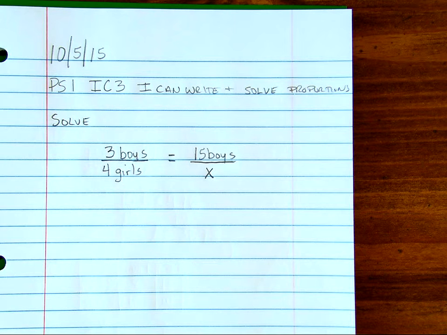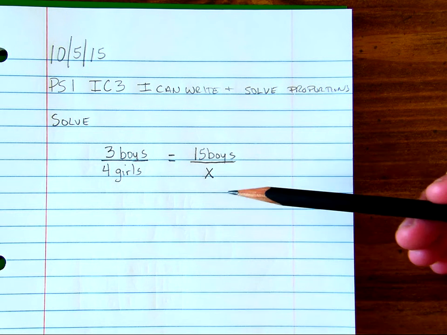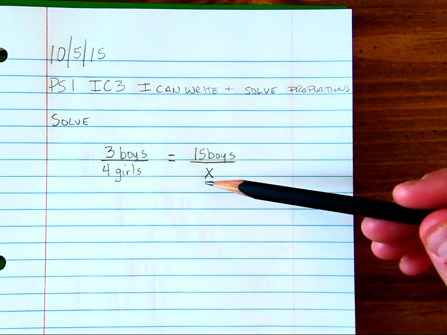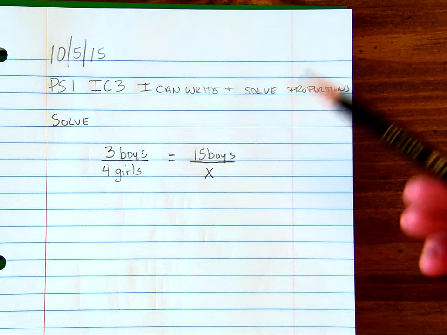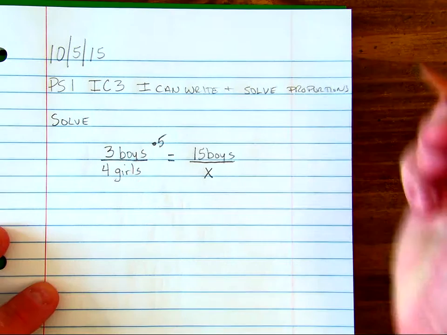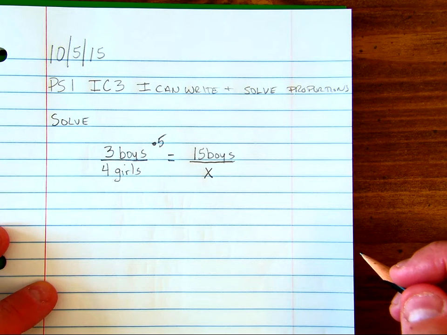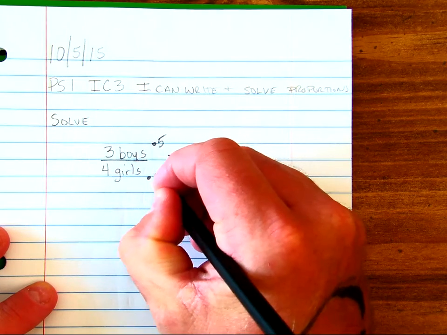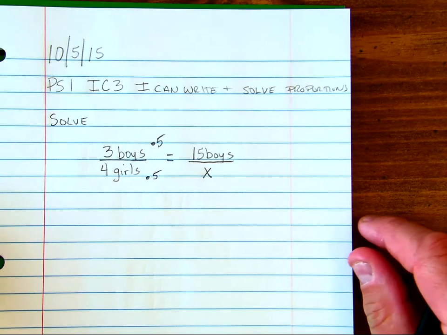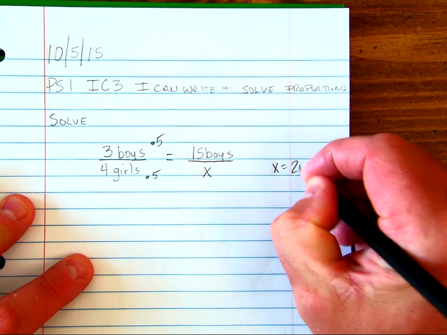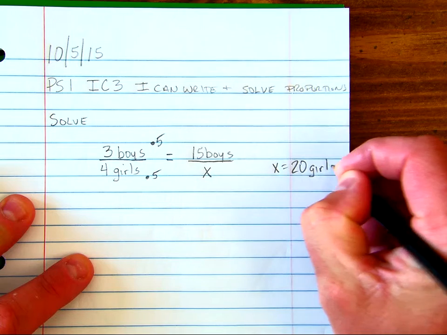The reason I say cross multiply is because not every single proportion is going to be this basic. I believe everybody can look at this and say, well, Mr. Meeks, you multiplied the numerator by 5, and whatever we multiply the numerator by, that's what we have to multiply the denominator by. So, Mr. Meeks, X equals 20 girls.